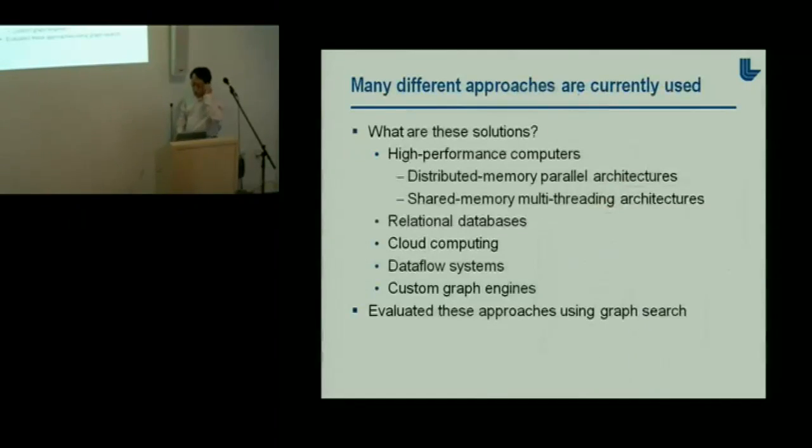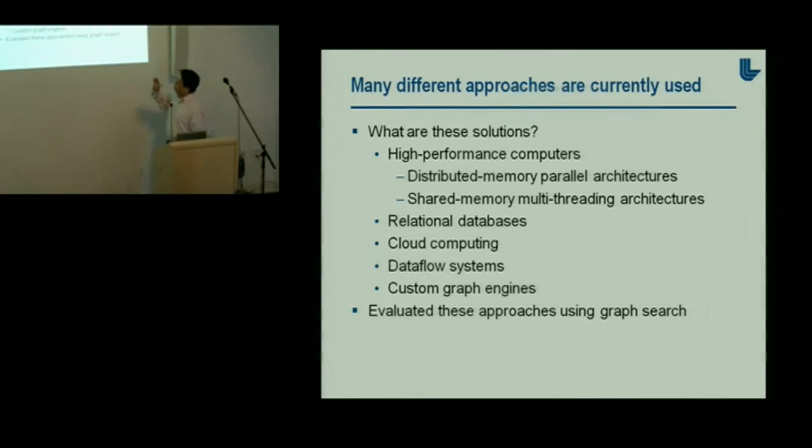So what approaches do people take to solve this problem? Government labs and people with the resources use high-performance computers. And people who don't use relational databases or other free, open-source tools like Hadoop MapReduce or dataflow systems.